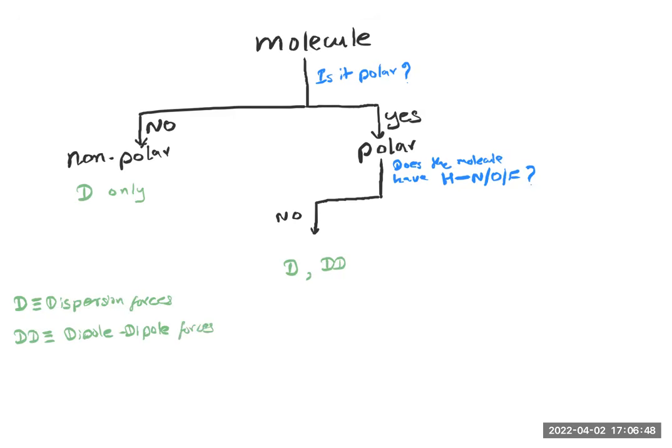Okay, and if the answer to that question, does it have hydrogen covalently bonded to nitrogen, oxygen, or fluorine, is yes, okay, then your molecule has all three types of intermolecular forces: dispersion, dipole, and hydrogen bonding forces.